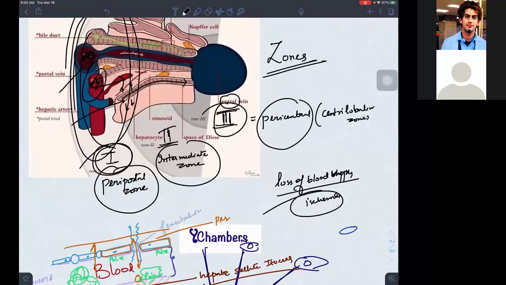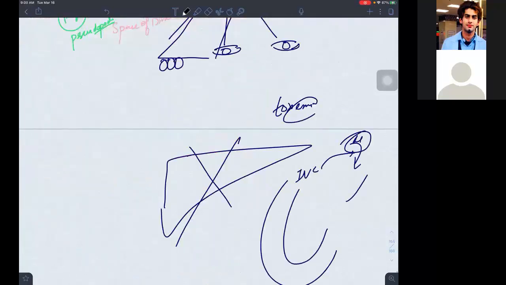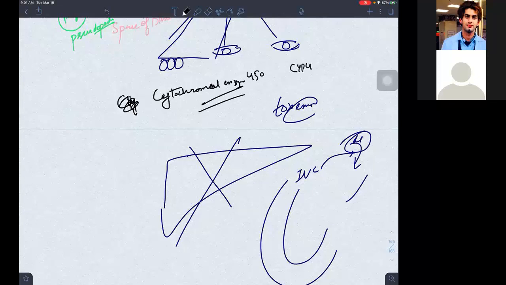Now see, I want to give you extra things. We have cytochrome enzymes in the liver. You will be reading more about this in pharmacology. My video is also there on the cytochrome enzymes in the pharmacology section. You have to learn it in the second year. We have a family of enzymes, cytochrome P450, CYP450, which is responsible for metabolism of all your drugs and toxins.